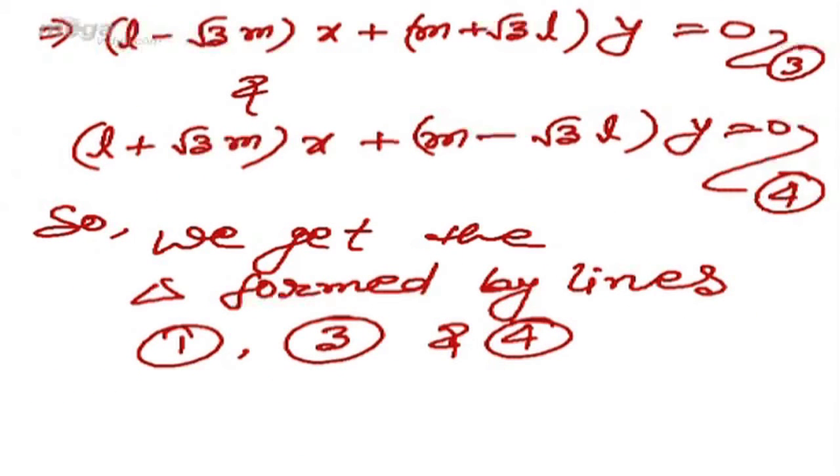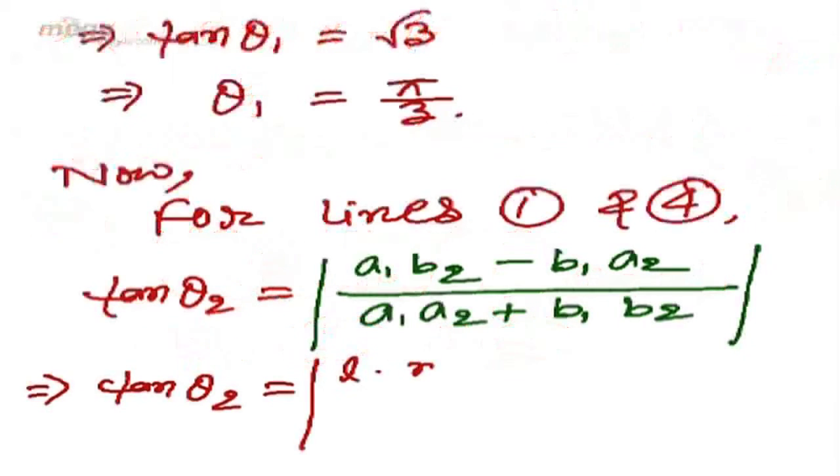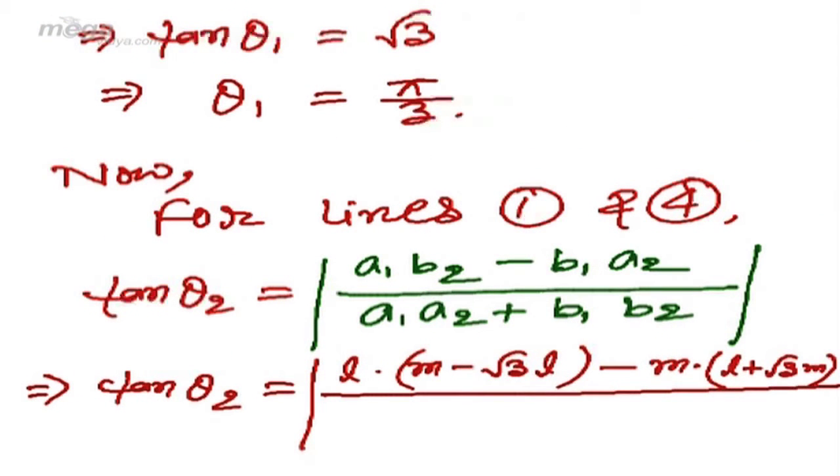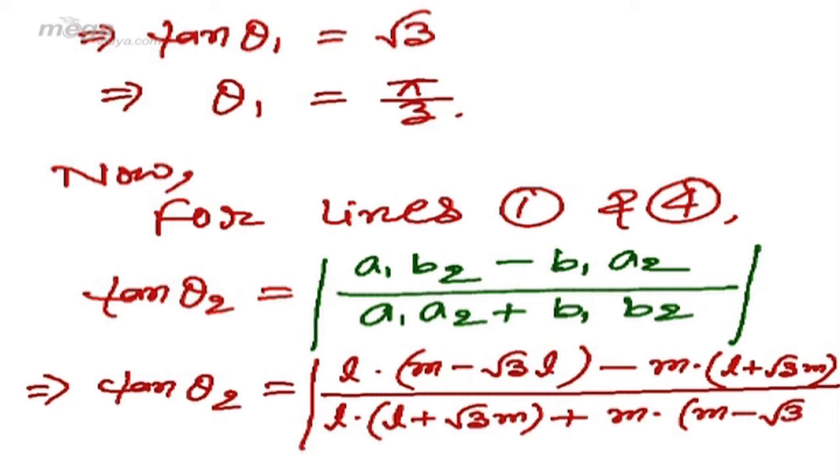B2 is here M minus root 3 L, minus B1. B1 is here M into A2. A2, that means for the line number 4, A2 is L plus root 3 M, divided by A1 A2. So it will be L into L plus root 3 M plus B1 B2. So it will be M into M minus root 3 L, and then mod.